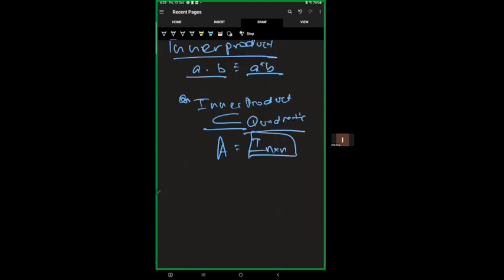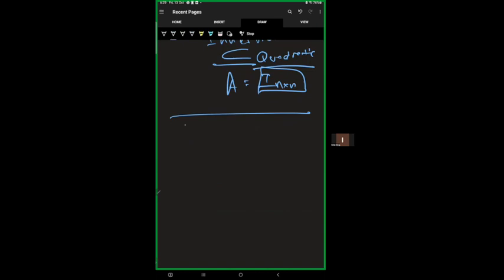Further in the PPT we mentioned certain applications of the quadratic form, such as in the multivariate Gaussian distribution, x distributed as normal with mean mu and covariance sigma.